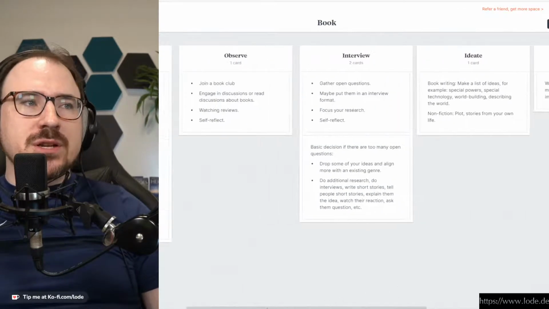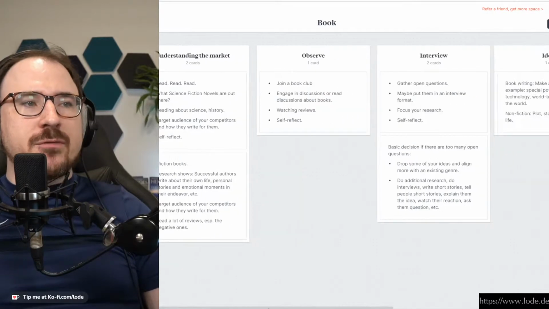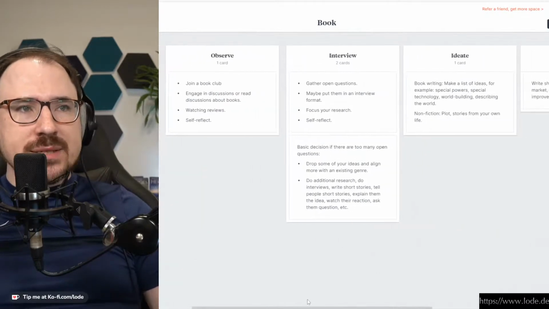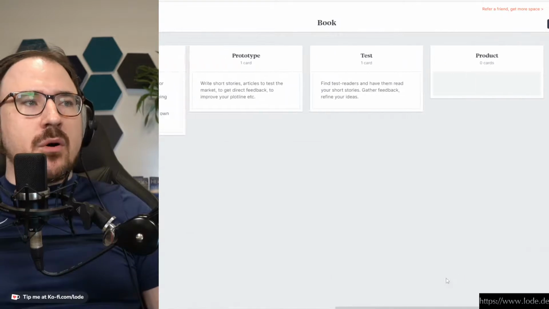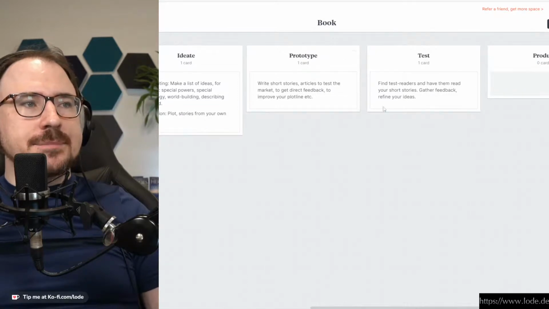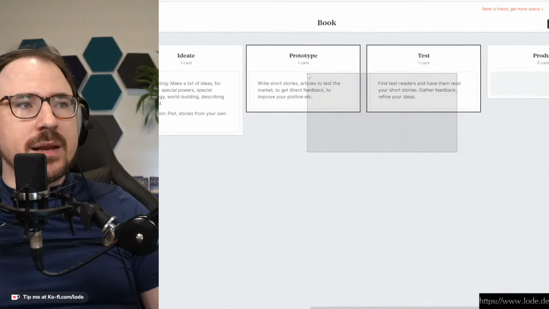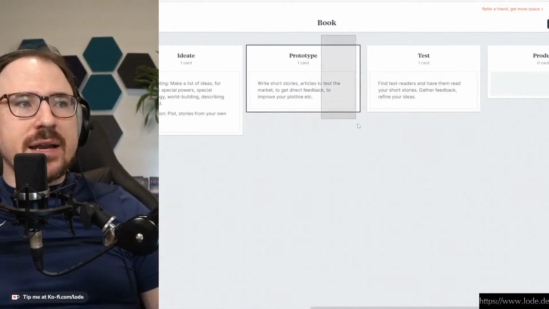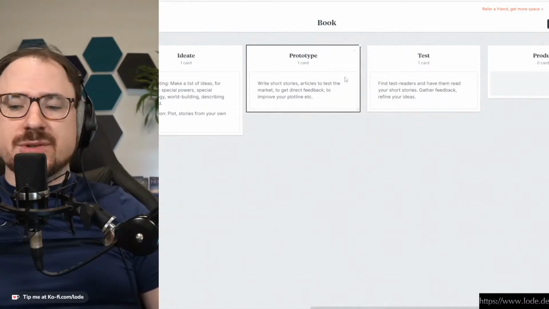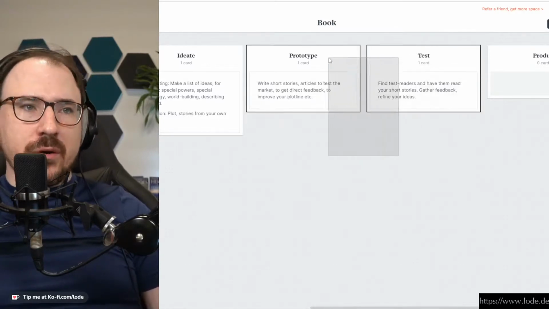So these are two different approaches: design thinking with some upfront planning, basically upfront research, and the more test-focused one. In agile project management, you start out with the prototype, you just write your story, test it, have people read it, and see what feedback they give you.